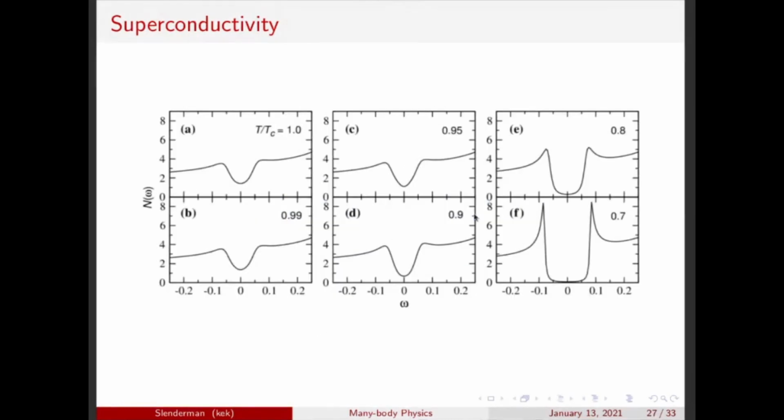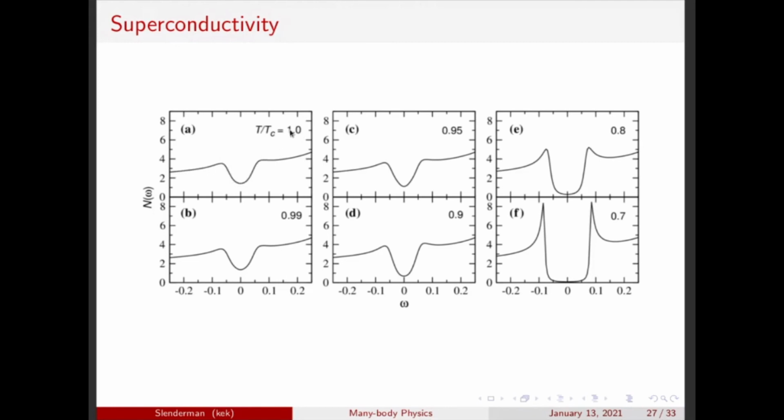And the final picture I have is a picture of the electronic density of states as a function of energy. I have this for a variety of temperatures. At the highest temperature in the upper left, which is right at the critical temperature, it turns out there is a dip in the density of states. What this refers to is that some of the electrons are now pairing up into Cooper pairs and are no longer acting as usual free electrons.